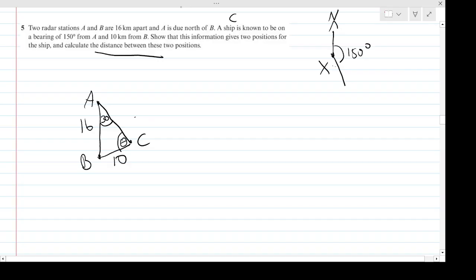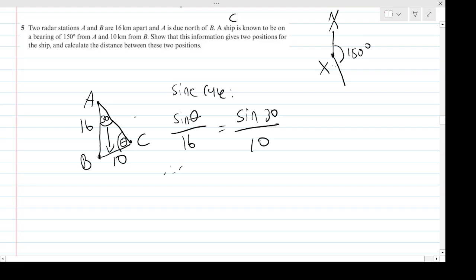So if I call that angle theta, that's what I'm going to start to work out. To work out this angle, I've got two angles and two sides. It's going to be the sine rule, right? Because that's what the sine rule is about. So if I have the angle theta, then the side 16 is facing it. So we're going to have sine theta over 16. And then the other angle we've got is 30, and that's opposite the 10. So we're going to have sine 30 over 10.